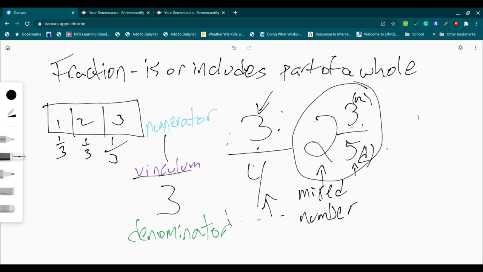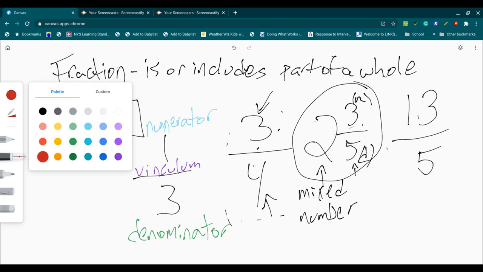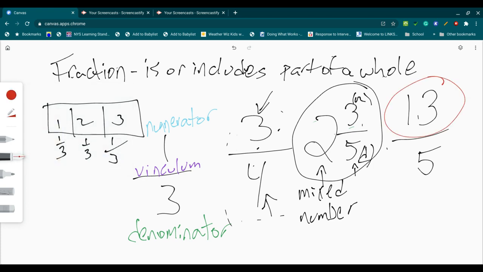Now, the other thing we might have is an improper fraction, which just means that the numerator, the number on top, is bigger than the denominator, the number on the bottom.